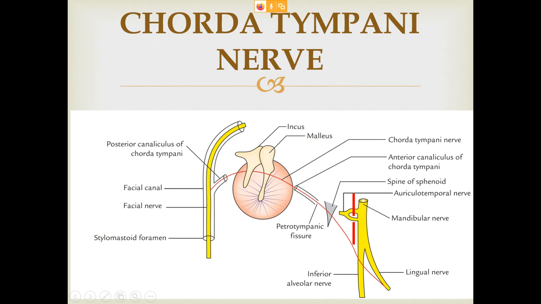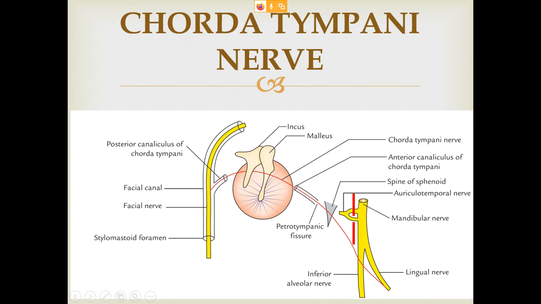It conveys the preganglionic secretomotor fibers to the submandibular and the sublingual glands and taste fibers from the anterior two-thirds of the tongue except the vallate papillae. The chorda tympani arises from the facial nerve about 6 mm above the stylomastoid foramen. You can identify the stylomastoid foramen over here.